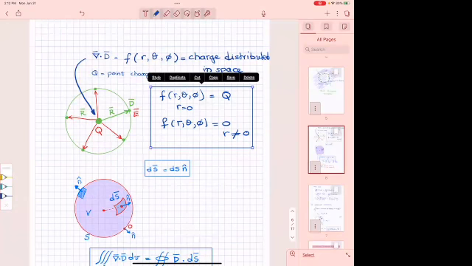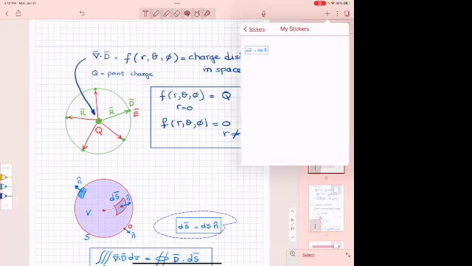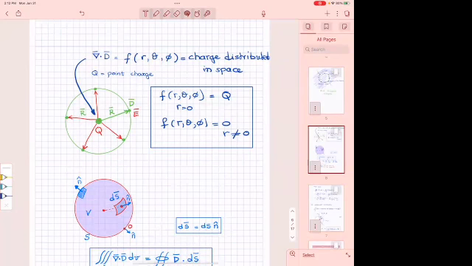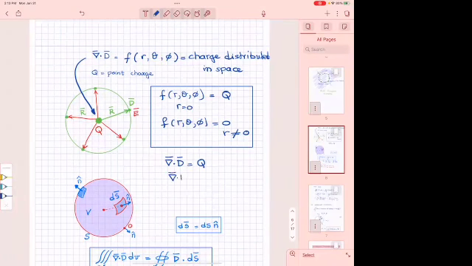So that's why you have that divergence of D. When you see that, it means this is where Q is distributed, and for our case, for a point charge, it is 0 everywhere else.